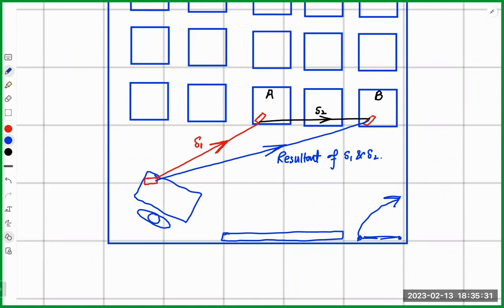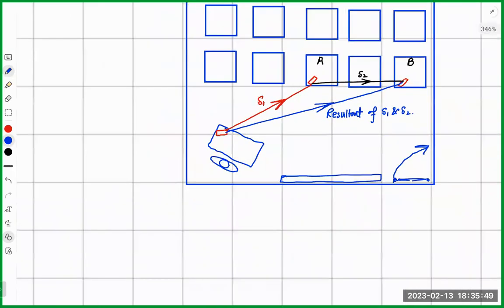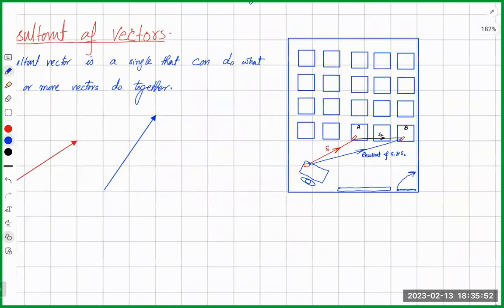Like if two or three vectors are doing something individually, the resultant of those two, three vectors will be one vector that can do the same thing alone. Okay? This is the basic definition or the basic understanding of a resultant of vectors.